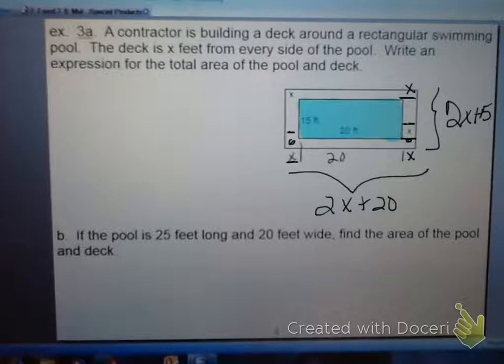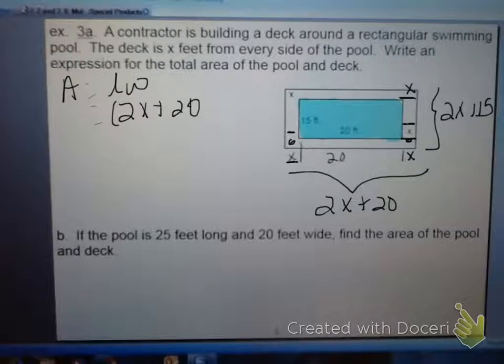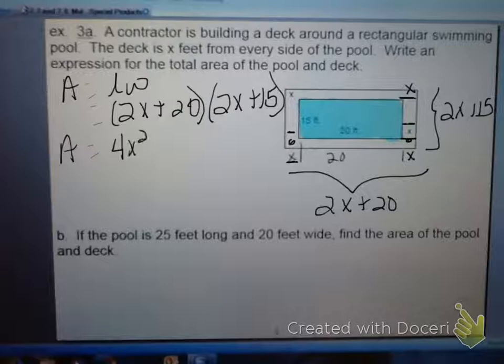So to find the area, we would multiply length times width. The length is 2x plus 20, and the width is 2x plus 15. And we would do the FOIL method. The first is 4x squared. The outside term is 30x.